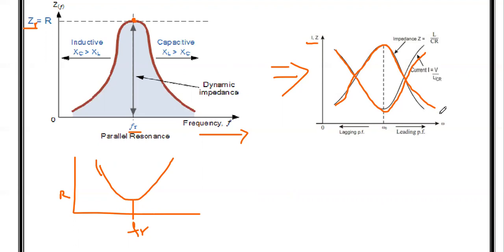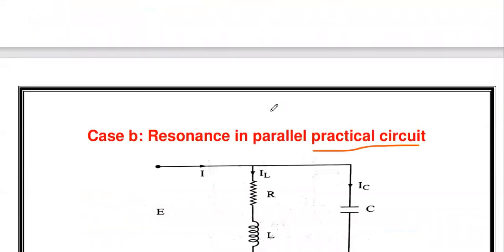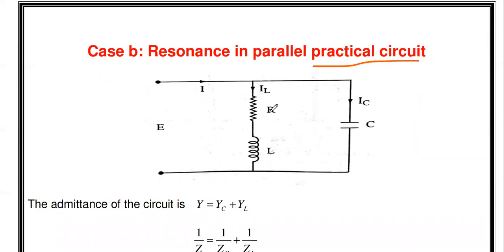Below resonance and above resonance, the current will flow in a maximum amount. So this graph shows the impedance versus frequency as well as the current versus frequency of the parallel RLC circuit.